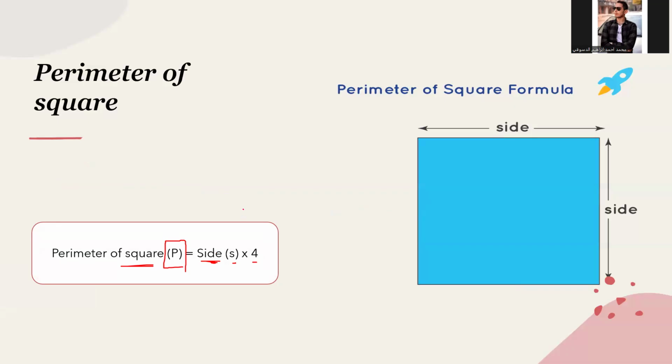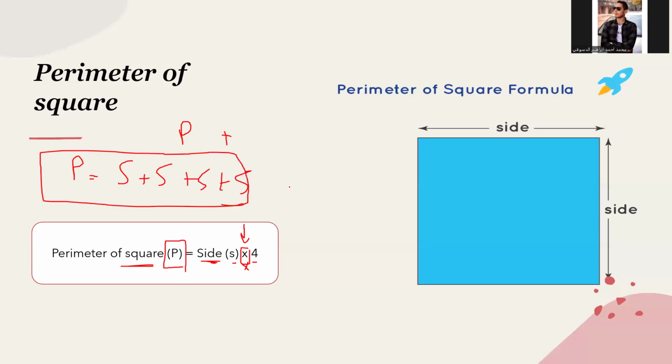And you might get confused. You don't have to get confused, because I told you earlier in the slide before that if you want the perimeter, you do an adding, and now we are having a multiplication. No, it's not a multiplication. We just facilitate the adding, because we said the perimeter is S plus S plus S plus S, and we facilitated and took S as a common factor, so we take S times 4.